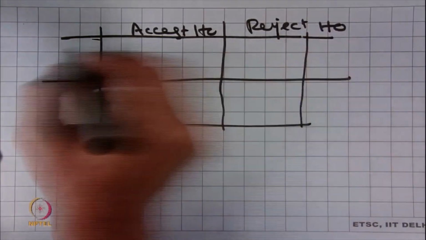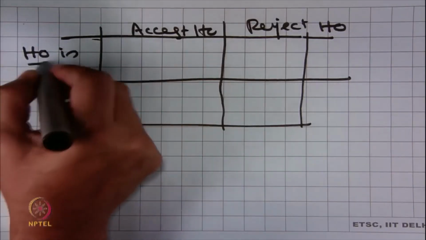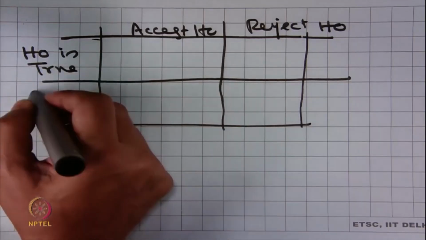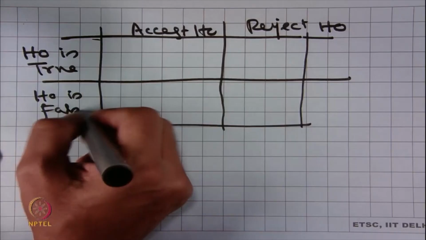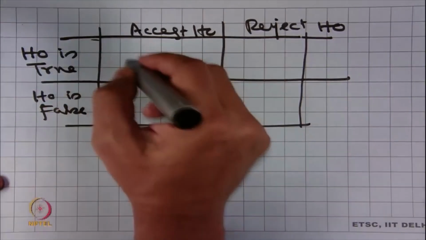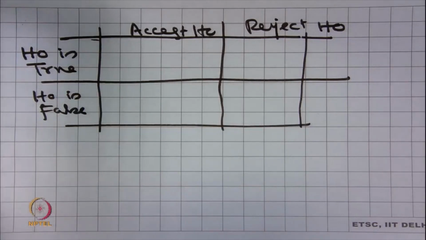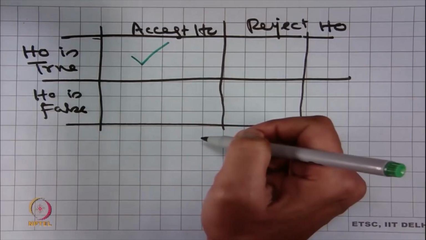These are two actions when H naught is true, H naught is false. So, when H naught is true and we have accepted that, then we are making a correct decision.